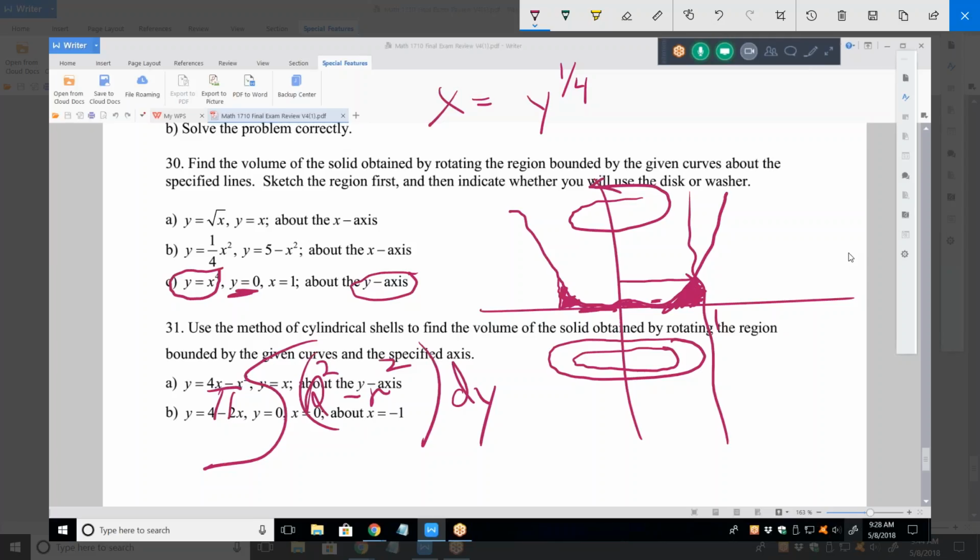Would that be the inside radius? Okay, so it'd be x equals 1. Exactly. The outside radius is 1. So it's 1 squared minus y to the 1/4 squared, which is y to the 1/2. And I'm doing it between 0 and 1.